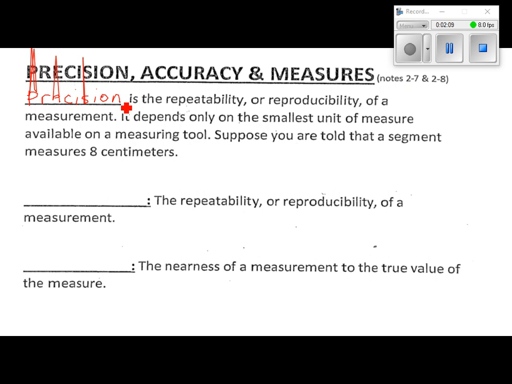Precision is the repeatability or reproducibility of a measurement. It depends only on the smallest unit of measure available on a measuring tool.